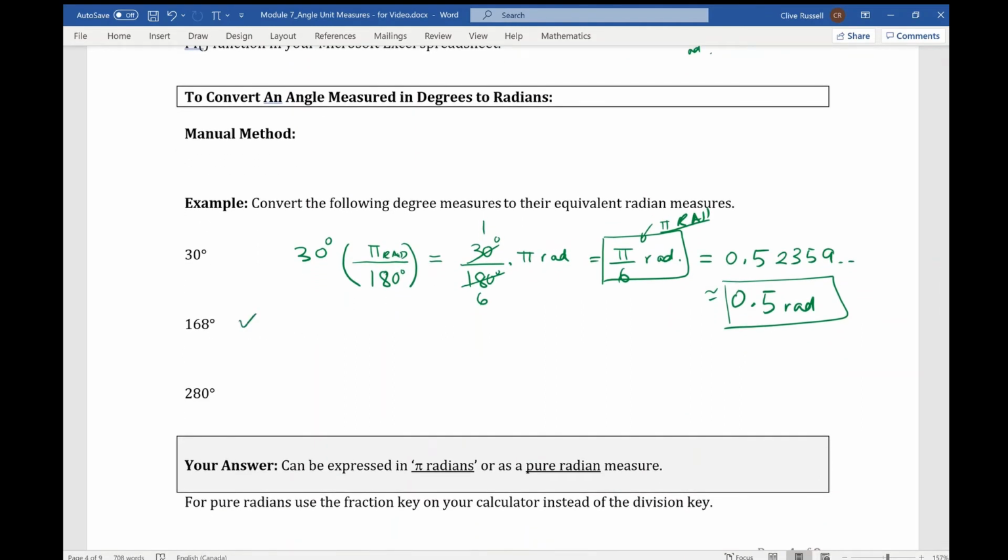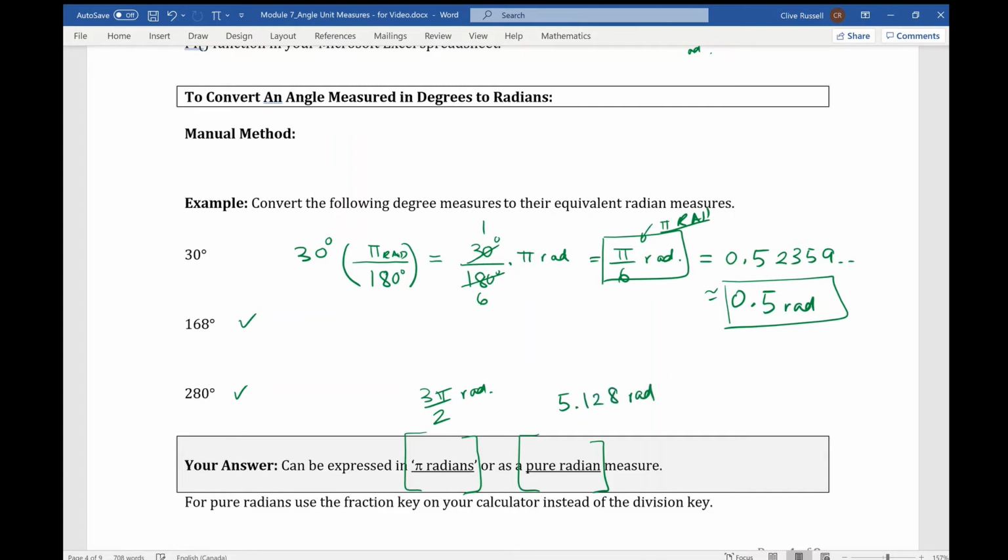And of course, you could try those examples. So again, right here, that's your pi radians and that's your pure radians. So pi radians could be something like 3 pi by 2 radians, and your pure radians could be something like 5.128 radians.